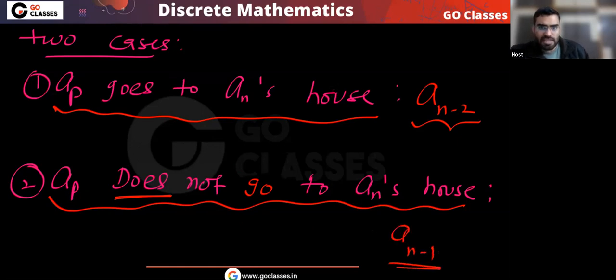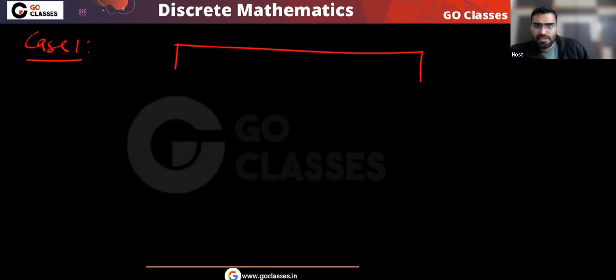To how many people is this clear? Just tell me. Is this clear to everyone? What I am saying? See, this case is very simple, that AP is going to AN's house. Case 1 is like this, that this is N's house and this is P's house. Case 1 is very simple.